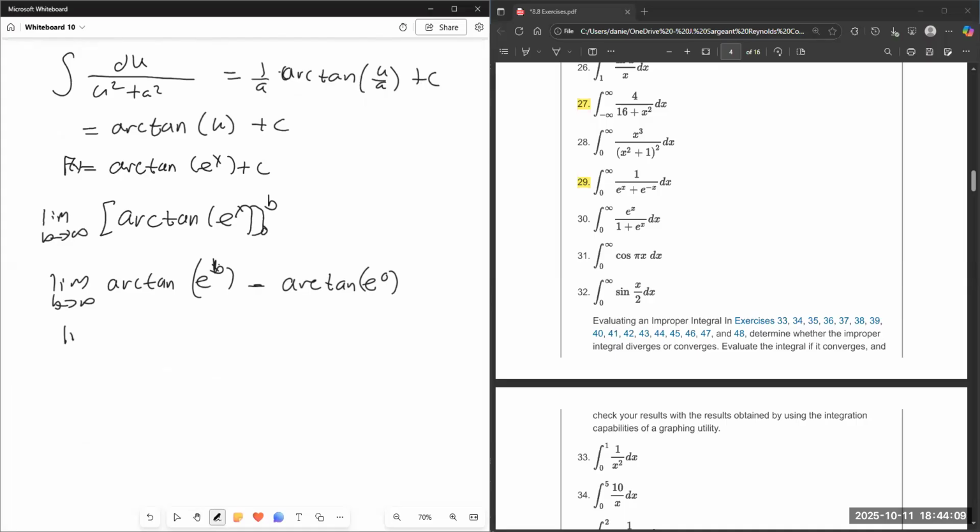So this is the same thing as limit as x goes to infinity of arctangent of x, since e to the b going to infinity is going to infinity. The exponential graph goes to infinity to the right, minus arctangent of 1. So this is going to be pi over 2. As we looked at the graph of arctangent before, it has a horizontal asymptote of pi over 2.